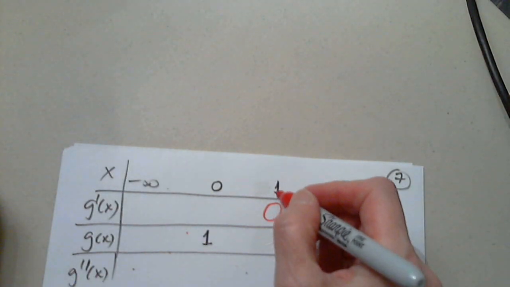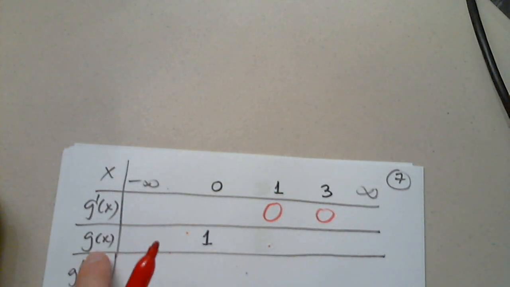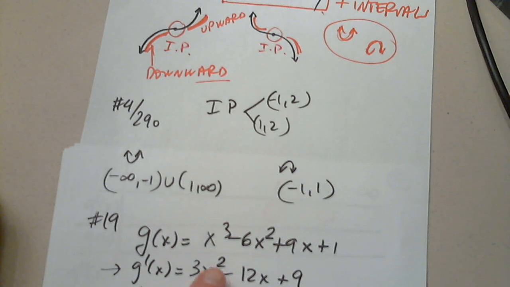At this point, I have to plug in 1 and determine the value of g when x is 1 and the value of g when x is 3. I want to put this function in the graphing calculator. You know how I like to do it. I hope you do too.